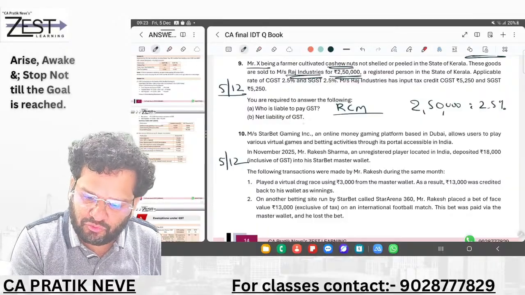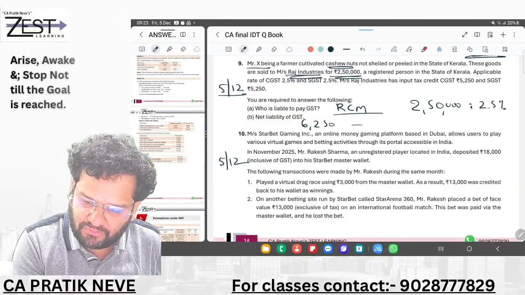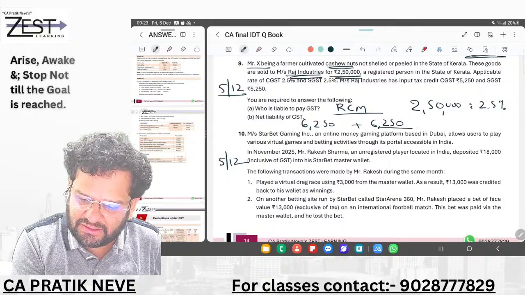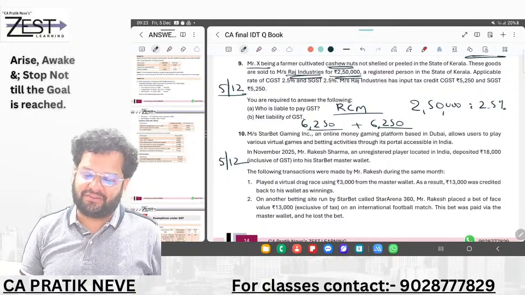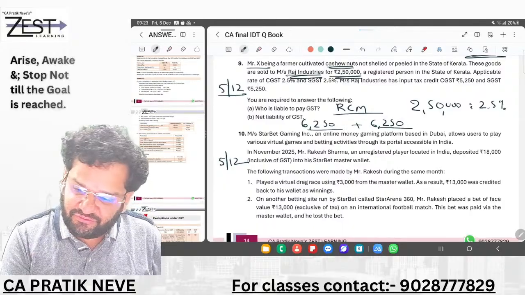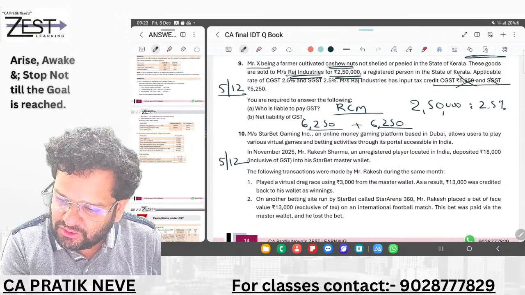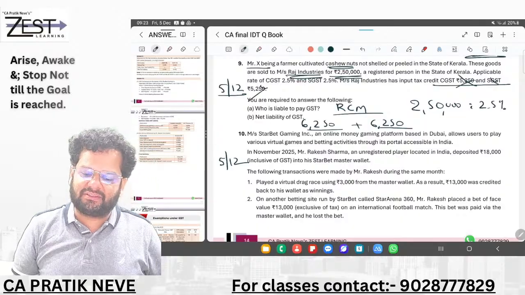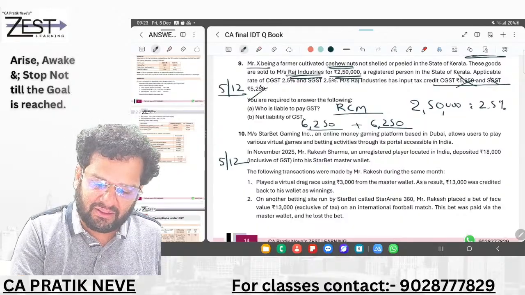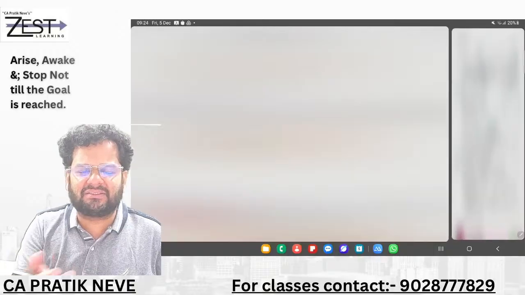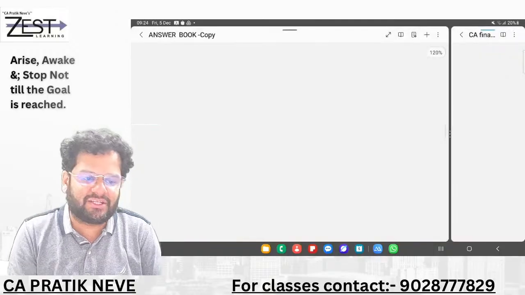So 6,250 each. Clear? That's it. And even if they have any ITC, Raj Industries cannot use this ITC to pay this tax. Same thing. It is the tax which is paid on RCM basis, so it has to be paid in cash.